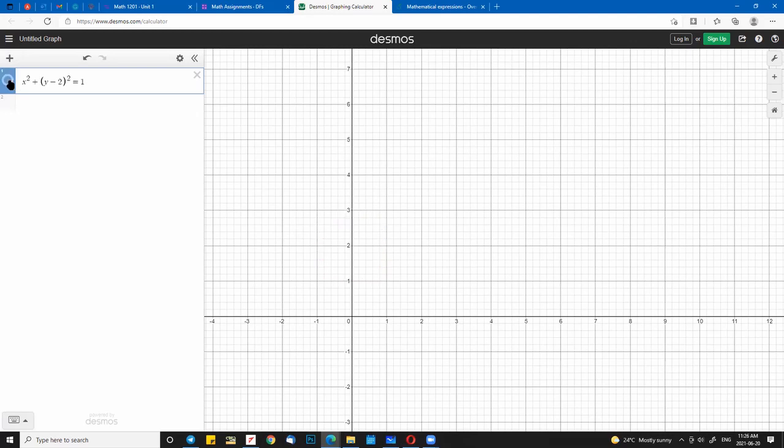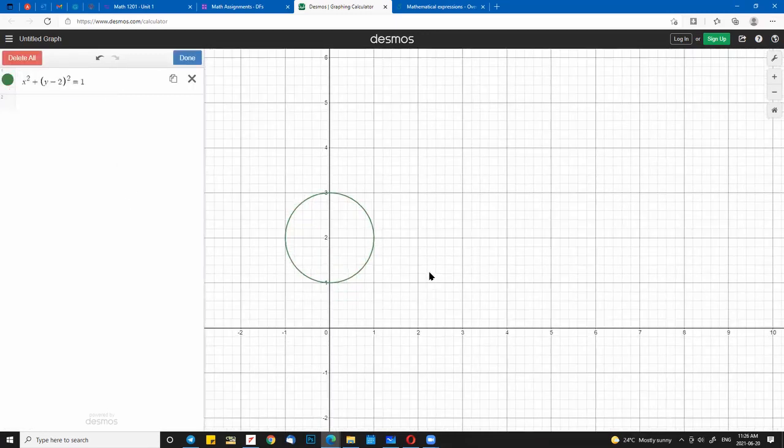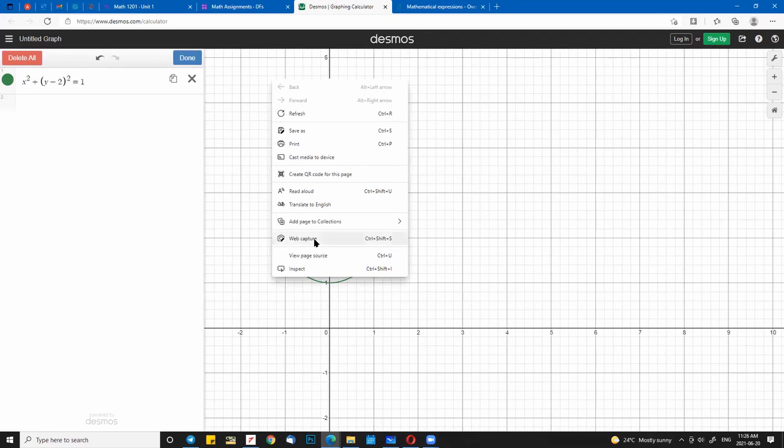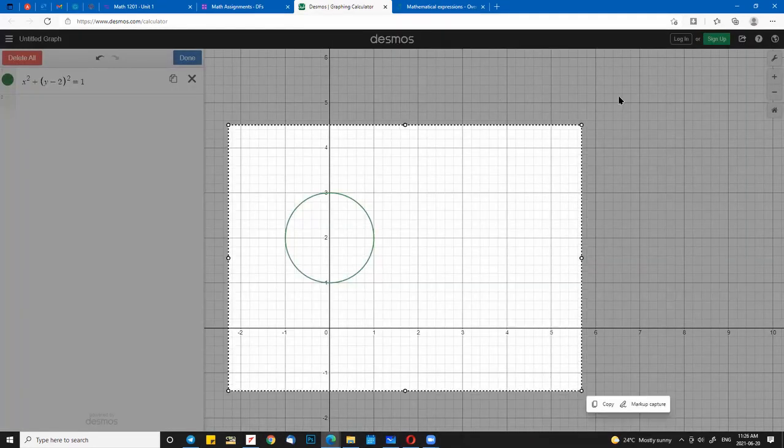You could click on this if you don't like red. Not this. You click on the gear right here. You could change the color if you want. And then whatever screenshot tools you have for your browser, I could just do web capture and take a screenshot.